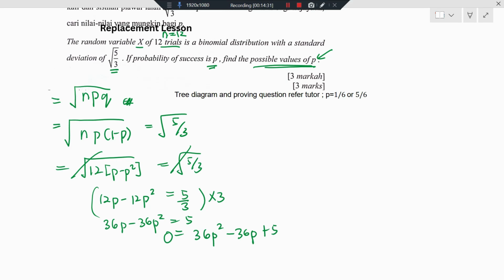Okay, wait, I wrongly pressed cubic equation. So 36 minus 36 plus 5. So I'm getting 6P minus 5. That means 5 over 6 is the answer. And the second one is 6P minus 1.